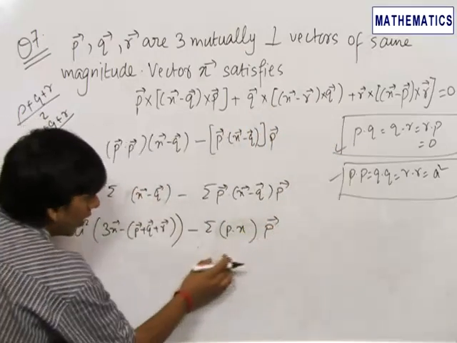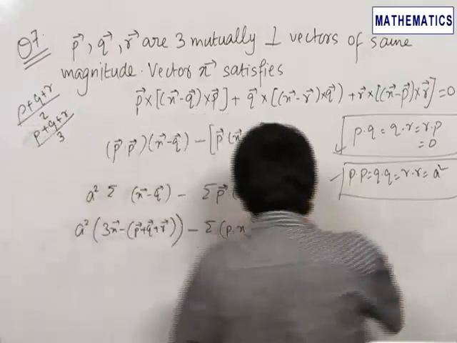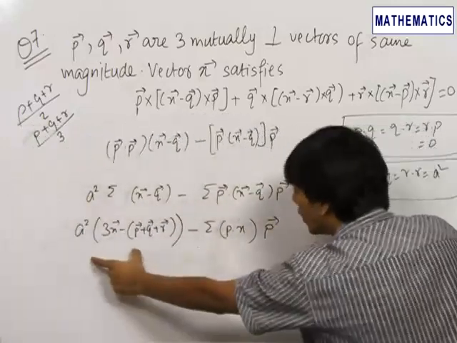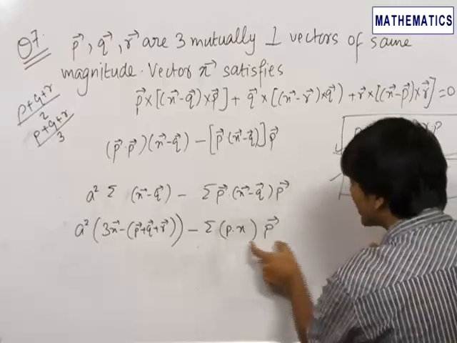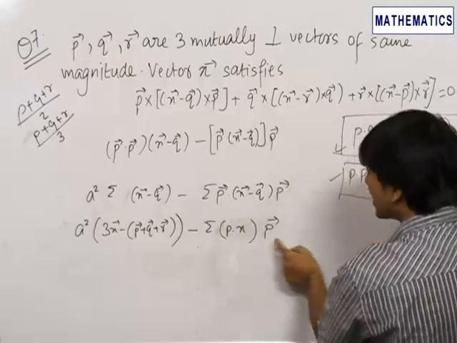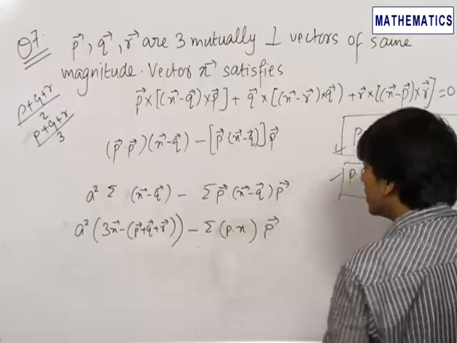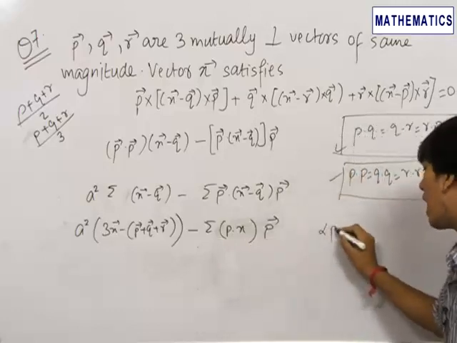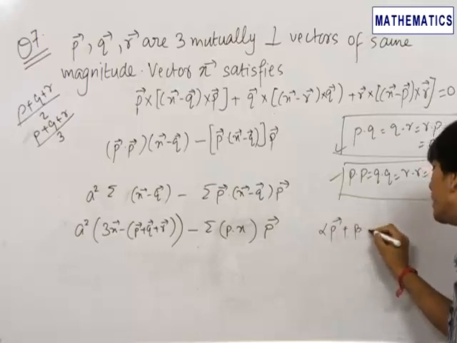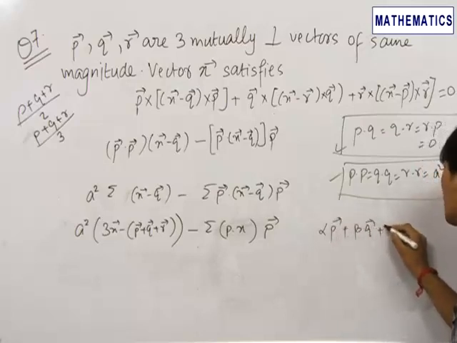Now, the other terms will be, now look at this term carefully. We have already solved this term. We need to solve the summation of this term. This term is actually P dot x into P vector plus Q dot x into Q vector plus R dot x into R vector. So this is of the format alpha P vector plus beta Q vector plus gamma times R vector.